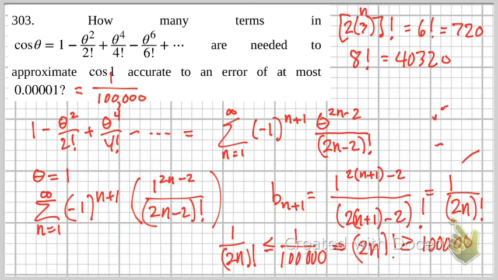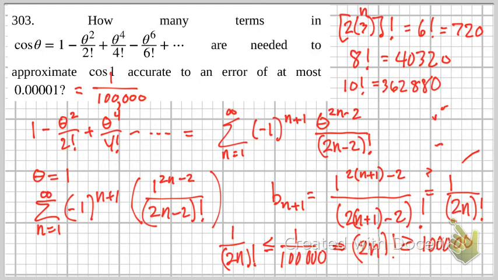When I plug in a 5 there, I'm really looking at 10 factorial, and 10 factorial is 362,880, which is bigger than 100,000. So that's where we stop. We don't have to go any further than that, because I was looking for where 2n factorial had to be bigger than 100,000, but I wanted the smallest n where that actually happened.